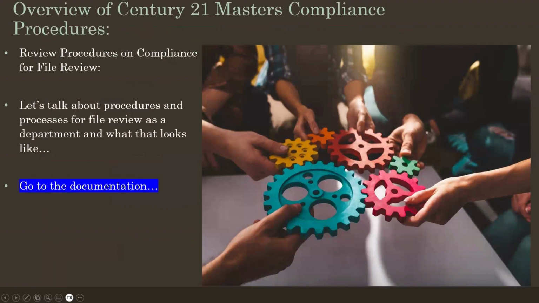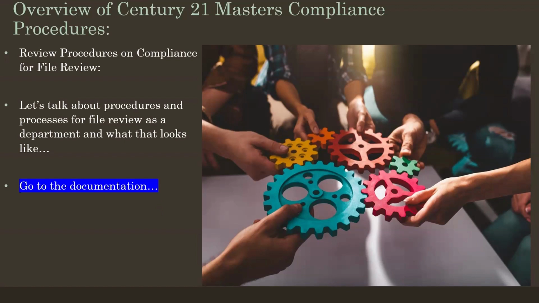So having said that, I'd like to really get into a review of the compliance and file review. Now, this presentation, I'd like to reiterate, is for agents who are interested in doing their own files, and that's why we're doing such a deep dive today, or for agents who, once you get through this information, decide, you know what, I think I'd rather have a TC doing this kind of lift.